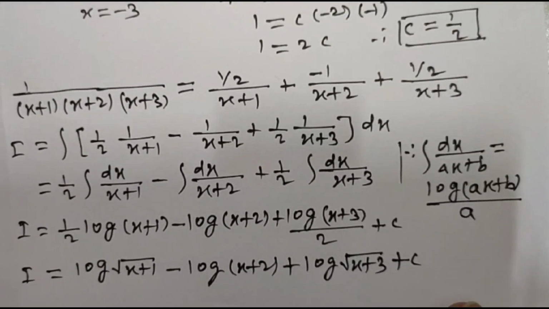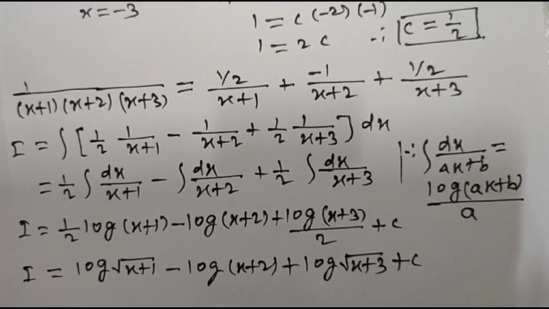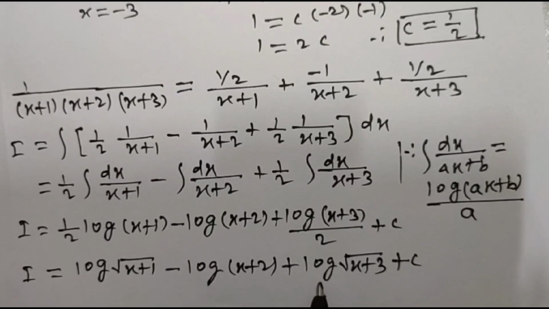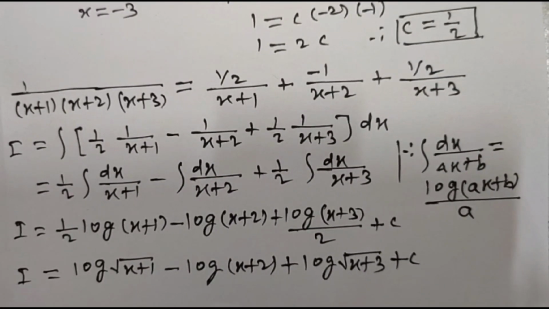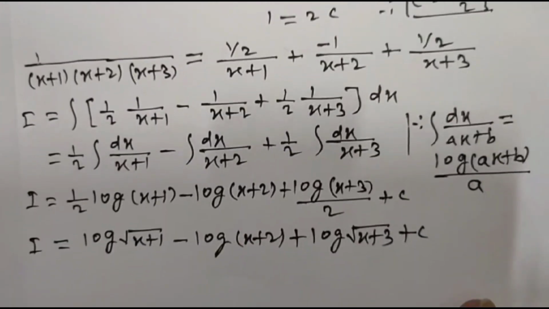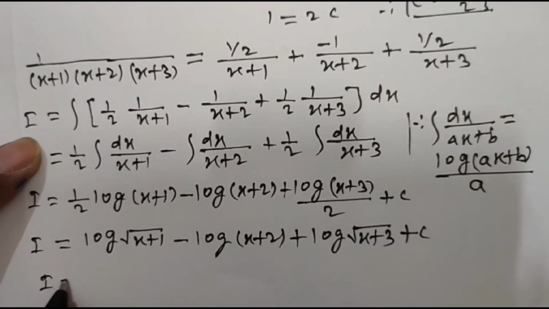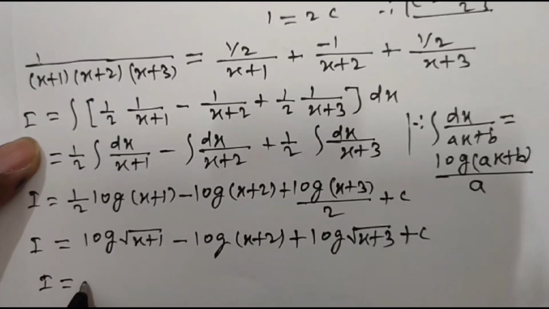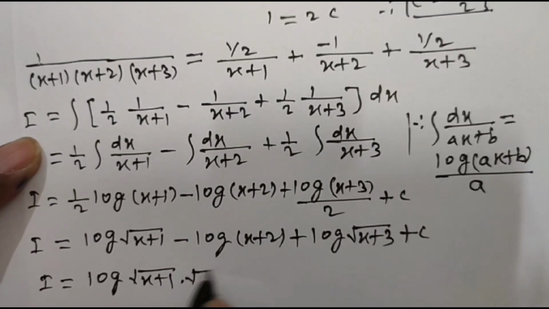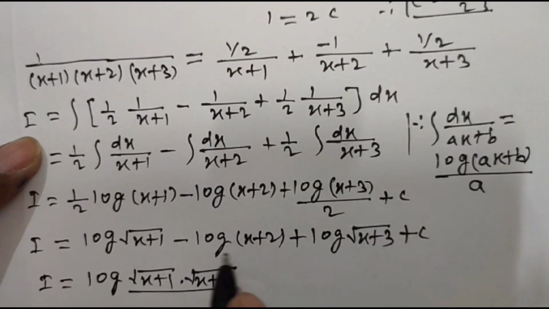And you can apply properties of logarithm. Logarithm of m plus logarithm of n is equal to logarithm of m into n. And you know logarithm of m minus logarithm of n is equal to logarithm of m divided by n. So I is equal to, we can write this plus this, logarithm of square root of x plus 1 into square root of x plus 3 divided by x plus 2 plus integral constant c.